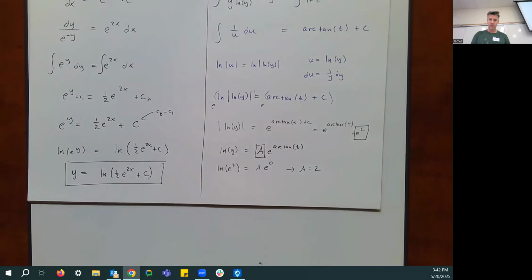Sure, an application problem. Let me look here. I'll point out most of the application type problems are related to exponential growth and decay.